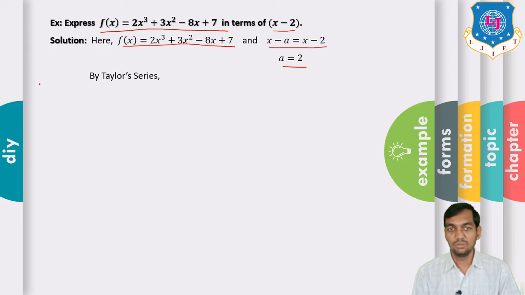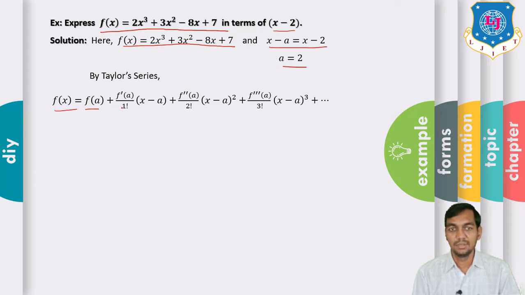So if you are going to use the Taylor series, then by the original Taylor series form we have f(x) is equal to f(a) plus f dash a divided by 1 factorial into x minus a plus f double dash a divided by 2 factorial into x minus a whole square plus f triple dash of a divided by 3 factorial into x minus a whole cube and so on. Correct? But see, this is a polynomial function.